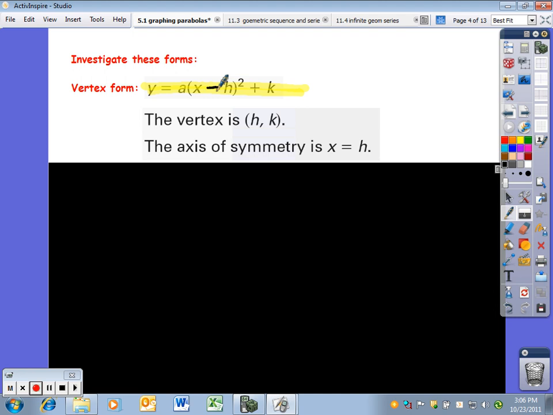The vertex will always be (h, k). So it's what's behind the minus sign and what's behind the square. The axis of symmetry then will be x equals h, because it has to be the x value of my vertex, which is h.